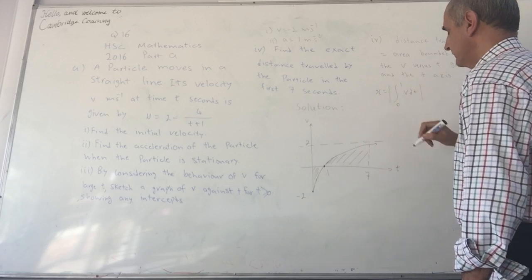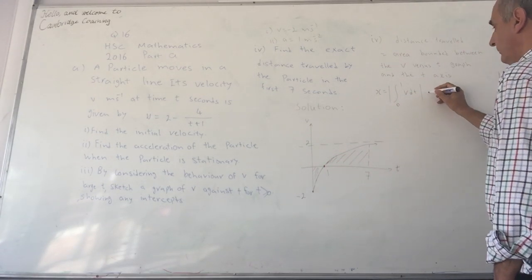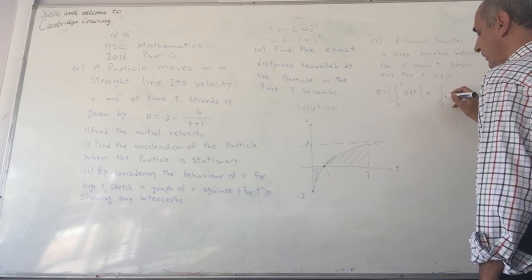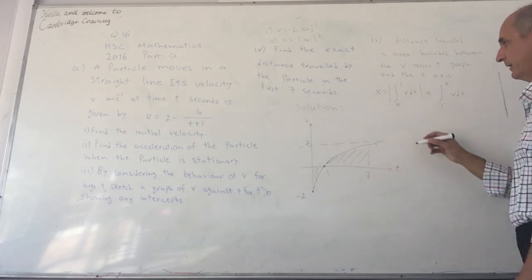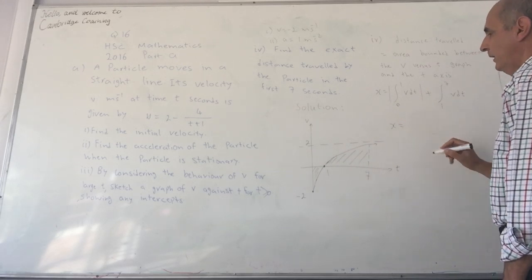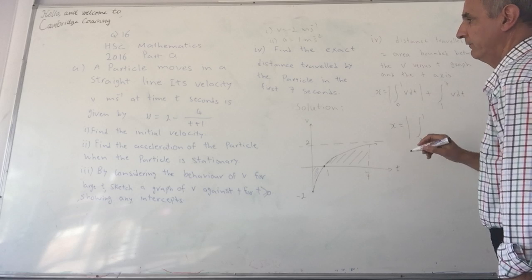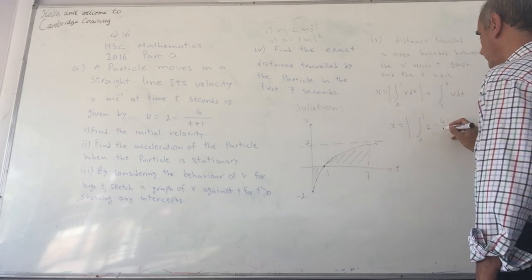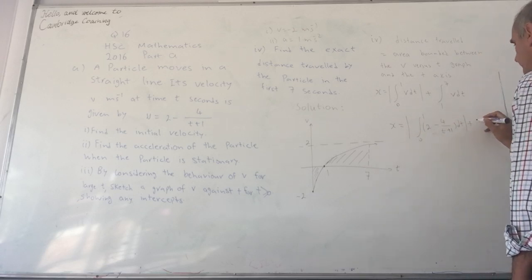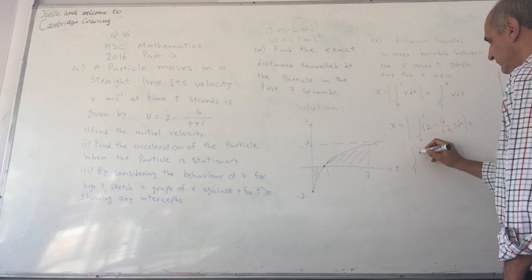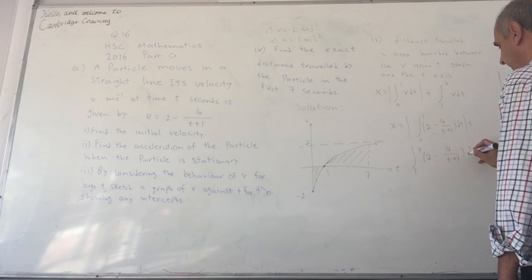Of course, we've got to take its absolute value, as I said, because this area is under the time axis. Plus, from 1 to 7, v dt; this one is above, so I don't have to take its absolute value. So that's the absolute value of the integral from 0 to 1 of 2 minus 4 over t plus 1 dt, plus the integral from 1 to 7 of 2 minus 4 over t plus 1 dt.